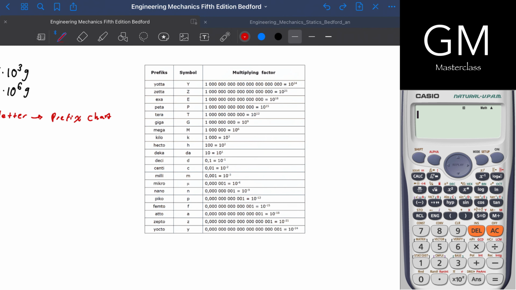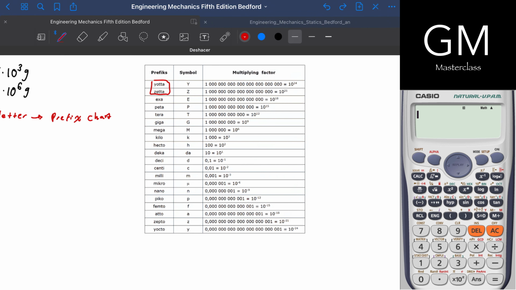Kilo, mega, giga, tera, peta, exa, zeta, iota. I always remember till this one, but you have to remember that these two actually exist. And then I have here deca, deci, centi, milli, micro, nano, pico, femto, atto, septo, yocto.